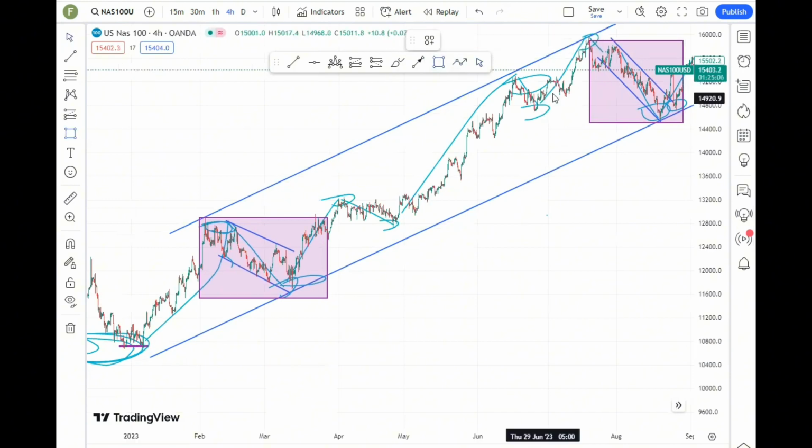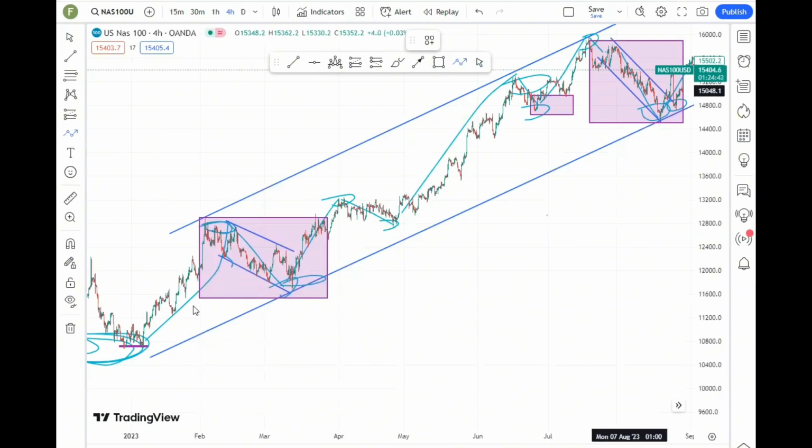The same movement which we had here is the same movement which we also have here, which is fully formed with this one. The same movement which we have here is the same movement which we have there, which we call a change of market structure. As I've said before, this acted as a change of market structure.